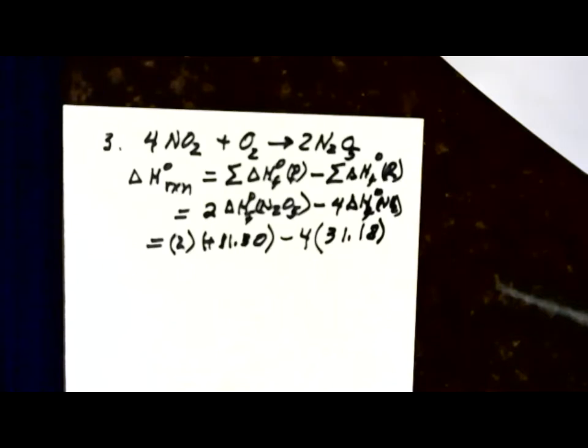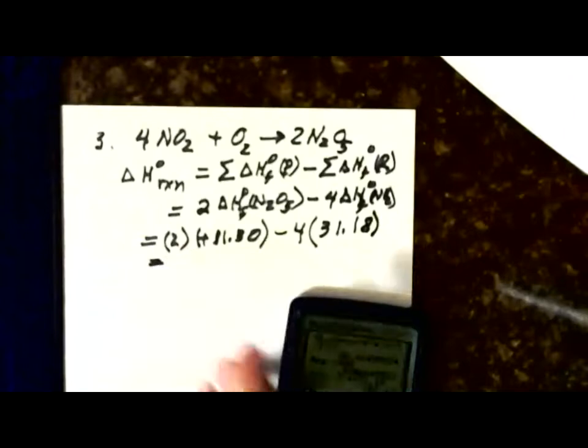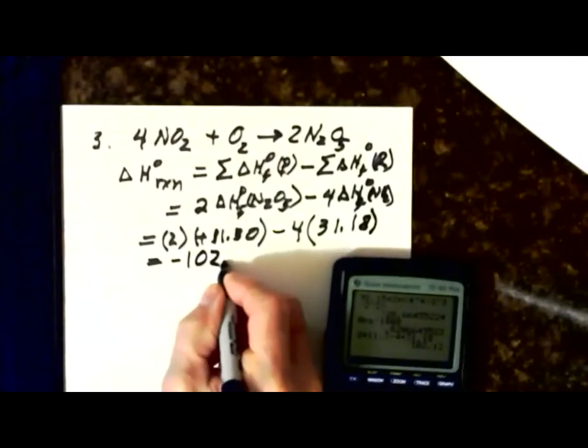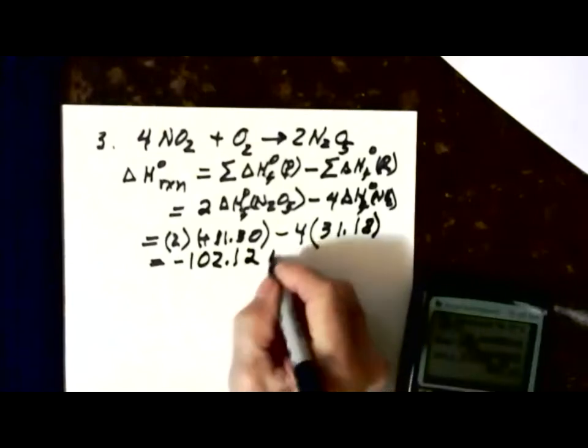So I want to take 2 times 11.3 minus 4 times 31.18. If I do that, I get this answer is minus 102.12, and that's going to be kilojoules.